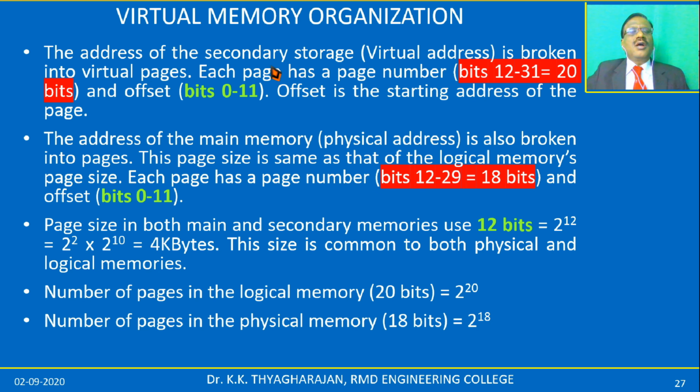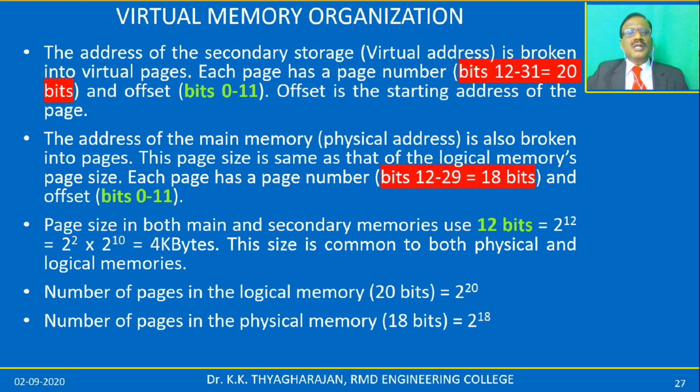The address of the secondary storage, that is virtual address, is broken into virtual pages. Each page has a page number. For example, we are using 32-bit processors. So 32 bits will be used for specifying the address.